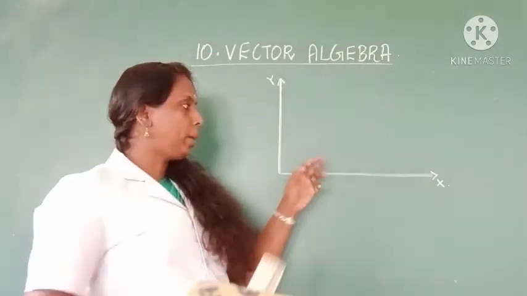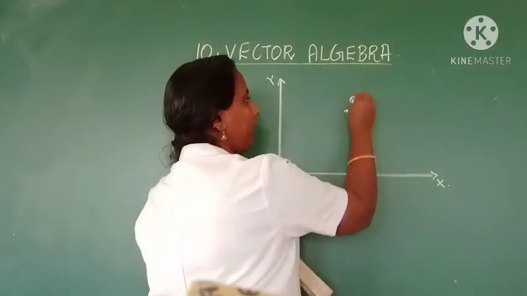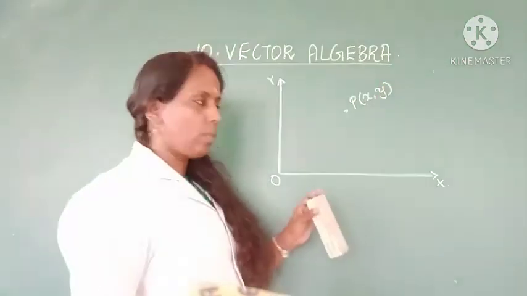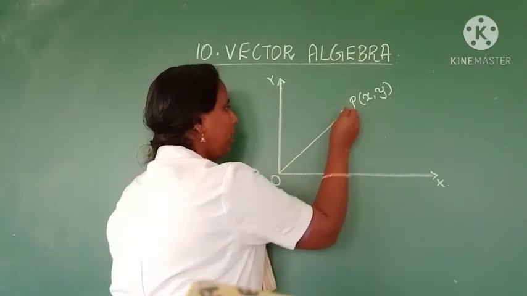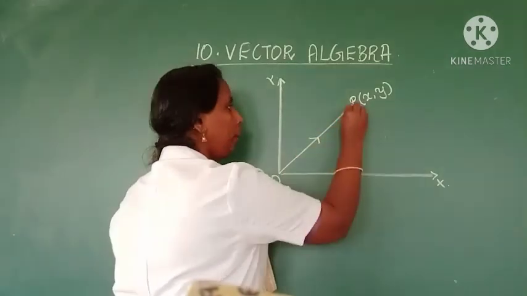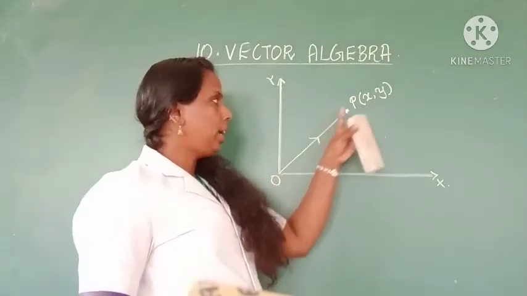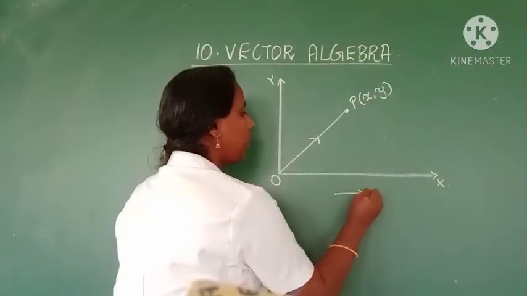Consider this xy plane. This point is the origin, and take a point P here. P is a point with coordinates x, y. Now join O and P and give a direction from O to P. So O is the initial point and P is the terminal point of vector OP.